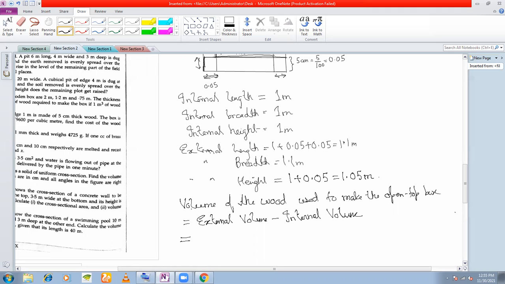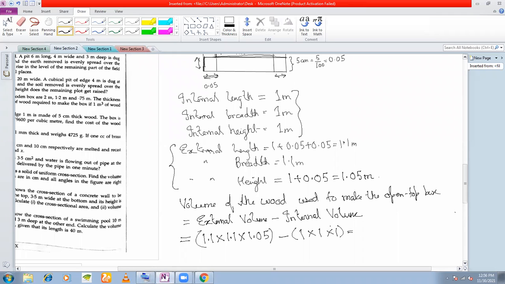What is the external volume? What are the external measurements here? 1.1 into 1.1 into 1.05, right? And what is the internal measurement here? 1 into 1 into 1.